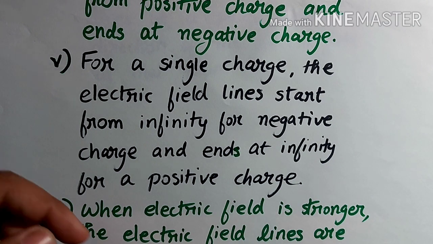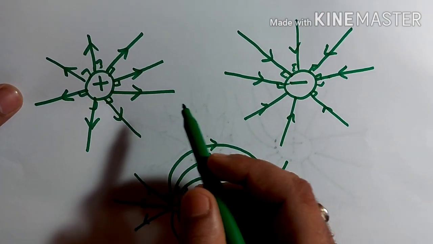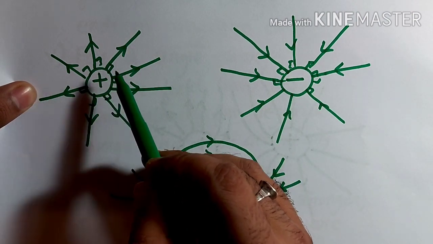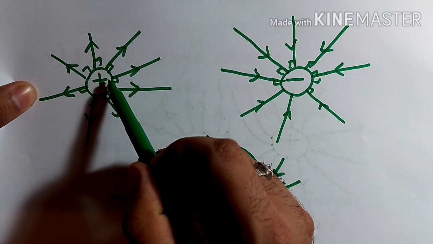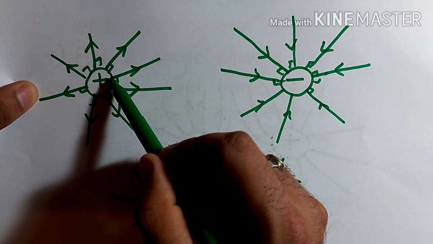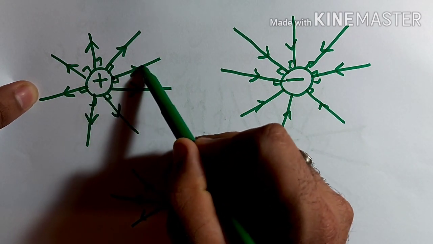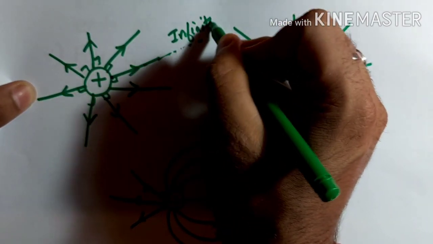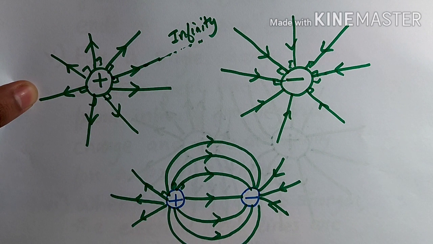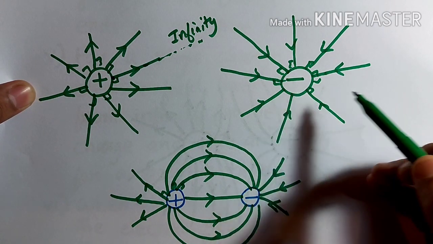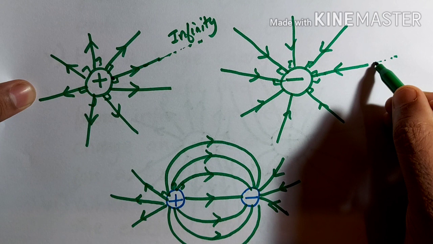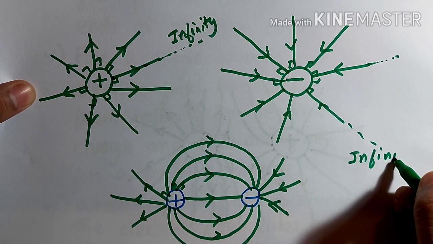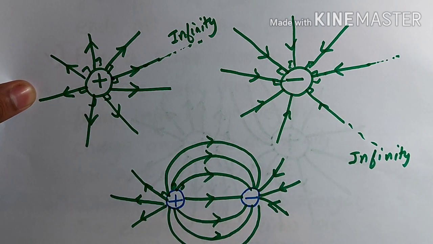If I have a single charge, either a plus charge or a negative charge, in case of a positive charge the electric field lines start from the charge and end at infinity. And in case of a negative charge, you will see the field lines are coming from infinity and ending on the charge.